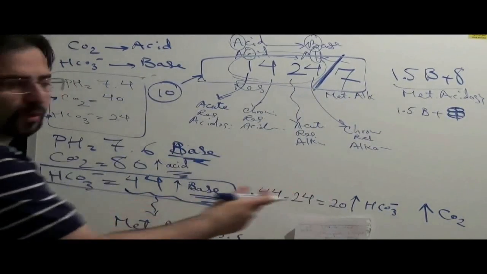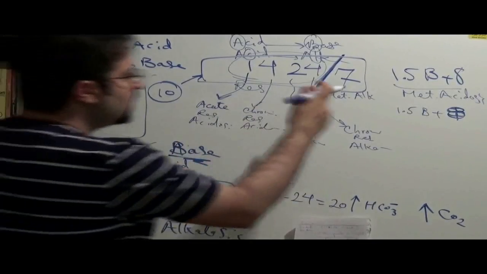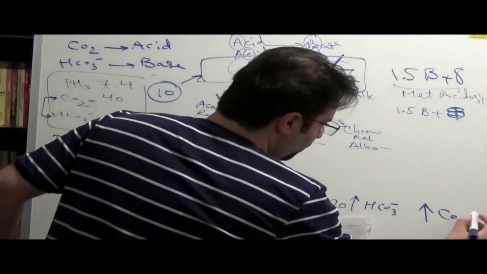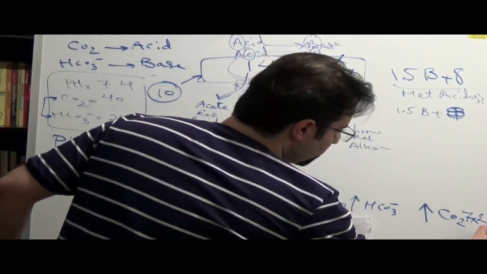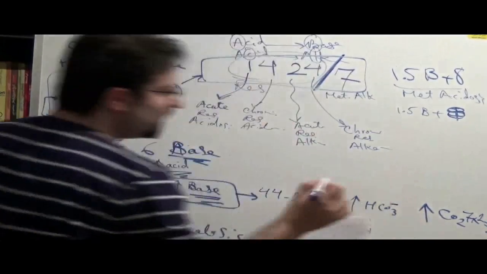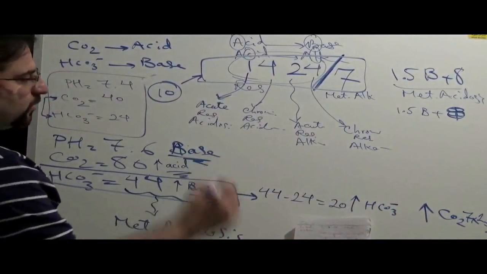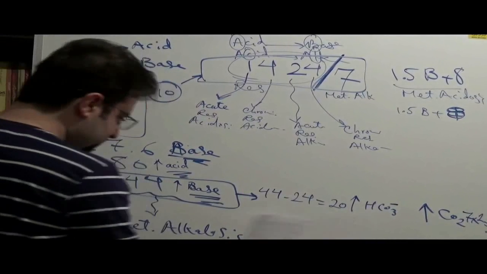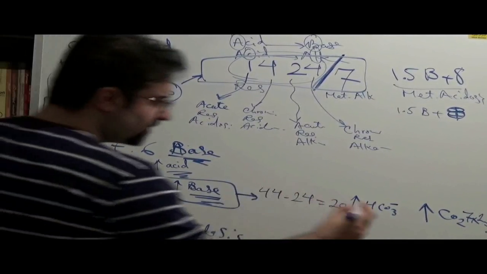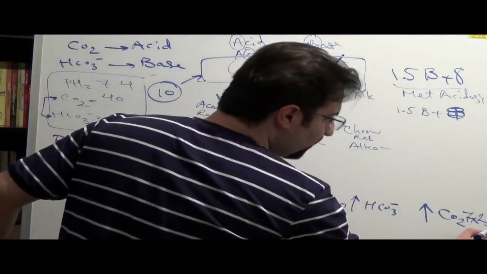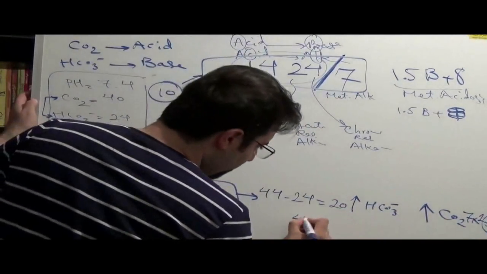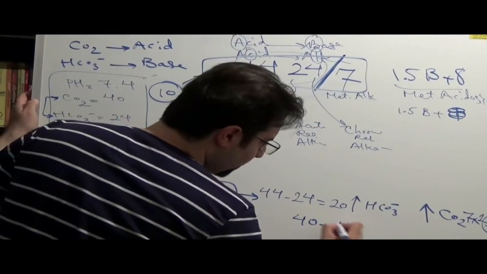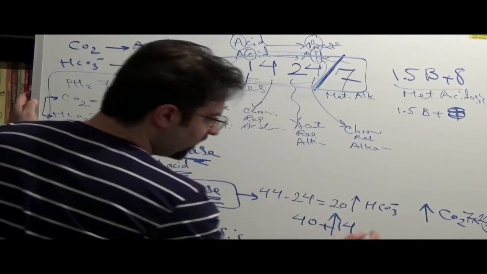Now we have a 20-point increase, so 7 multiplied by 2 is 14, so we have a 14-point increase in CO2. So normal CO2 is 40 plus 14 for compensation.